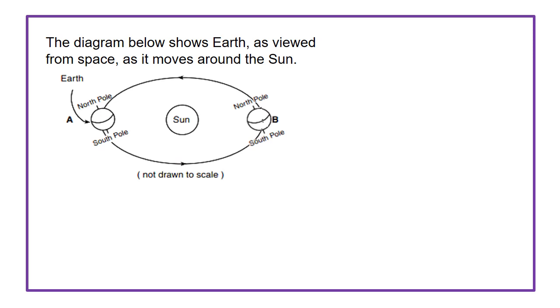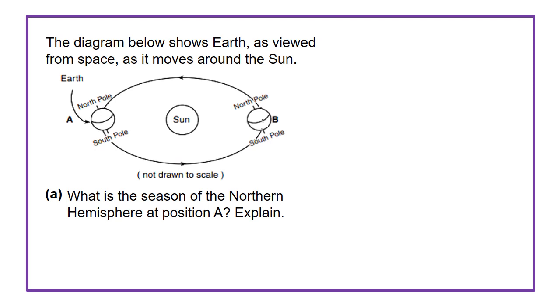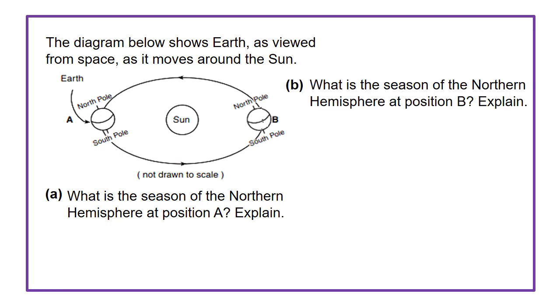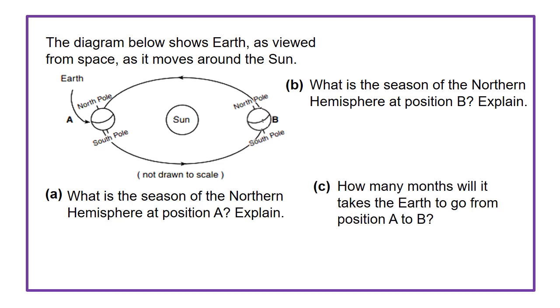The questions are, for letter A, what is the season of the northern hemisphere at position A, and explain your answer. For B, what is the season of the northern hemisphere at position B, explain your answer. And for C, how many months will it take the Earth to go from position A to B? You may pause the video to give you time in answering.